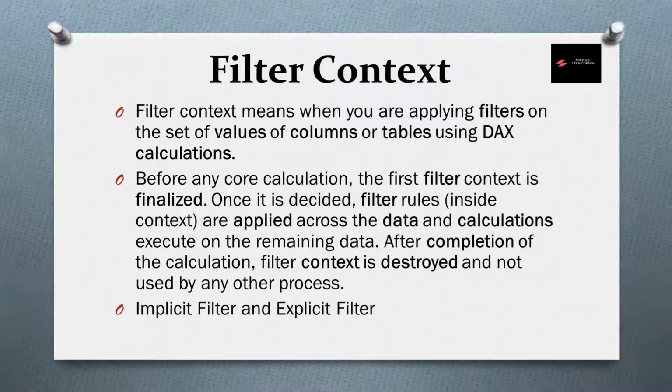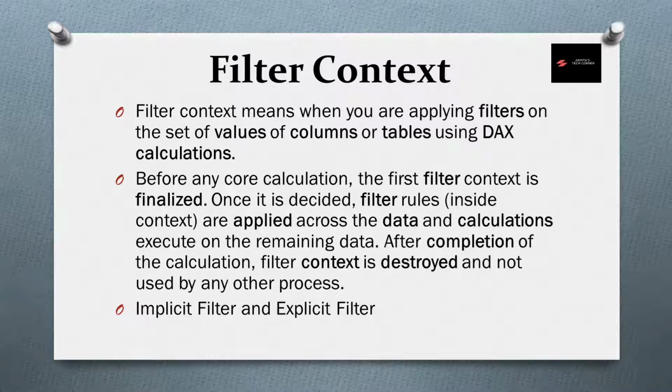So before any core calculation, the first filter context is finalized. Once it is decided, filter rules, that means inside the context, are applied across the data and calculations execute on the remaining data.